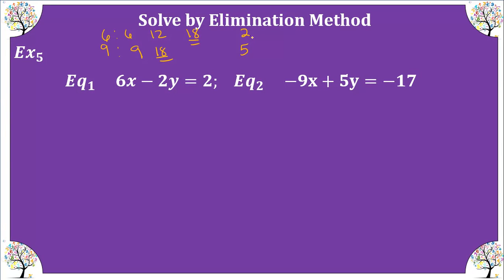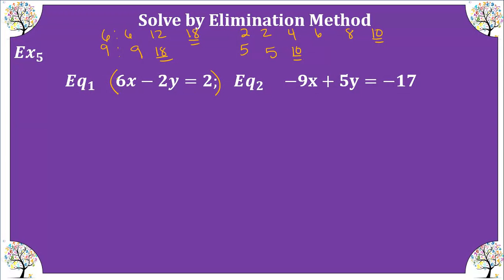So the least common multiple here, we would have 2, 4, 6, 8, and 10. Or we would have 5 and 10. So I think I'm going to multiply to make this y value be negative 10 and have this y value be positive 10.